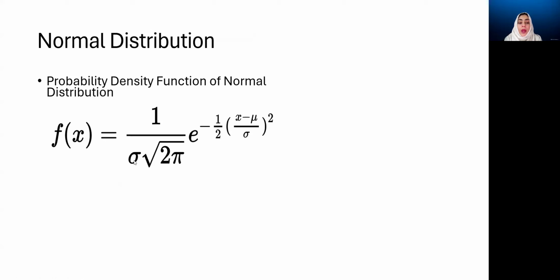Here you can see sigma, which can be different for every data for which we're constructing this distribution plot, and mu, which is the mean of the data for which we're constructing this plot. X is basically an input, because you put x into this function to get a value out, which is the probability of x having this value.